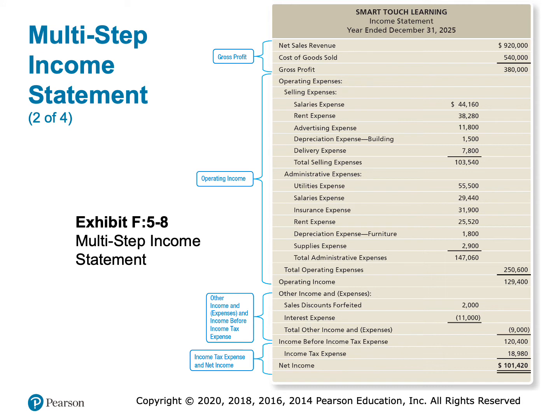So notice that we start off with the three-line heading, the company name, the name of the statement, and the date. The income statement is always for a period of time. In this case, it's for the year ended, but it could be for a quarter ended or month ended or week ended. So we start off with net sales revenue.